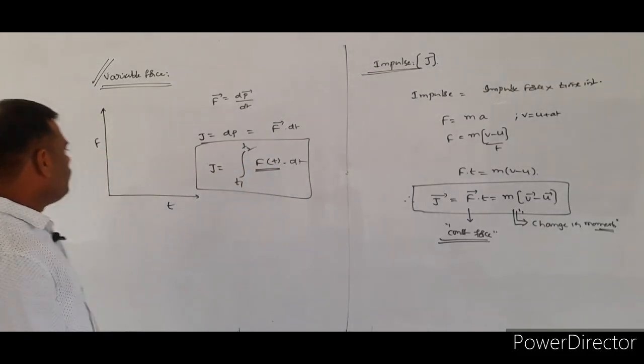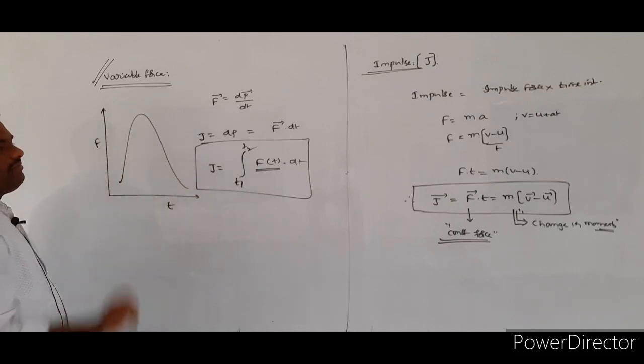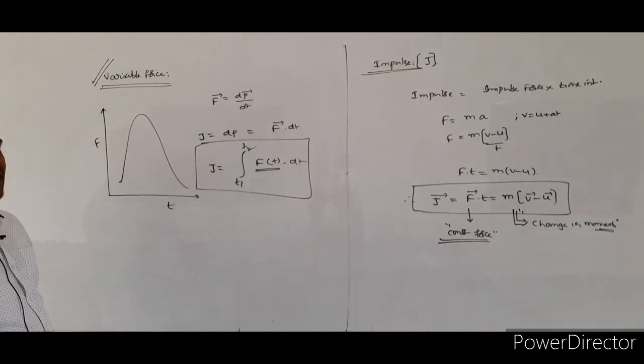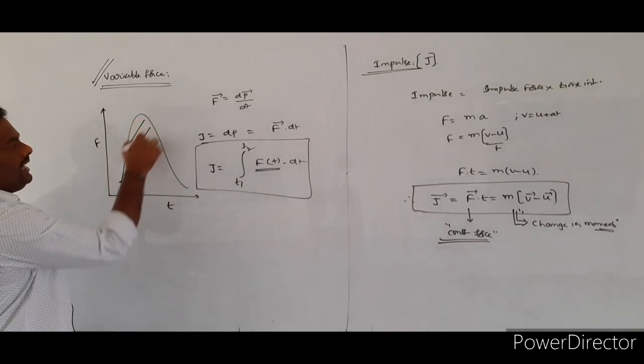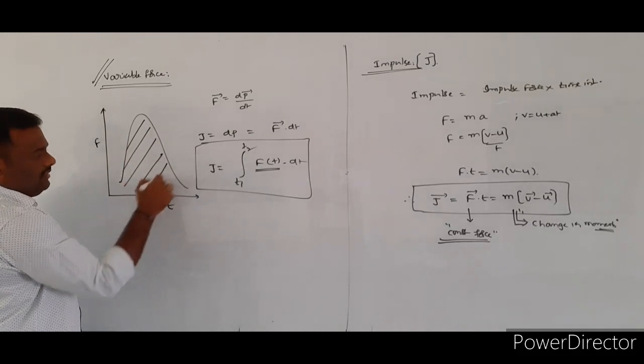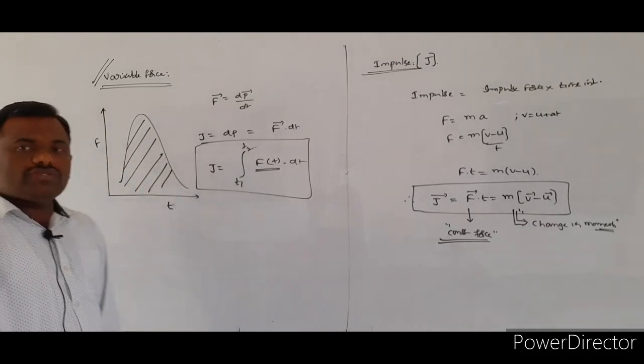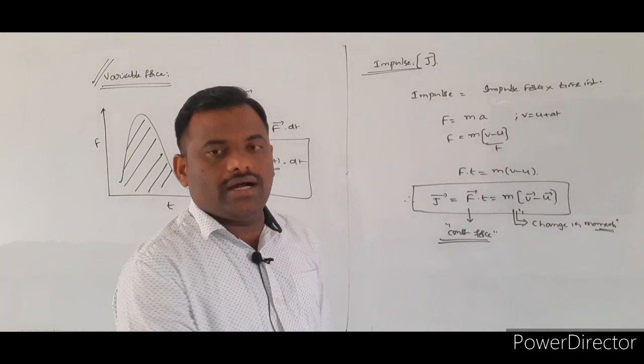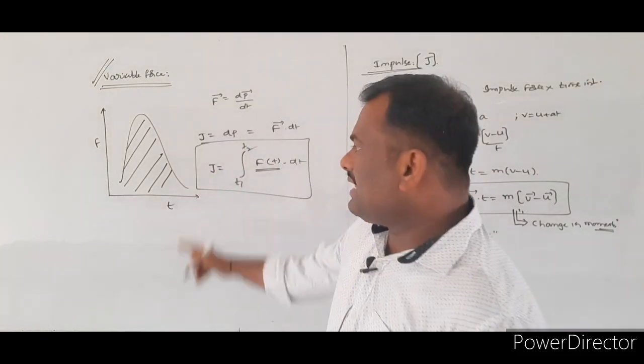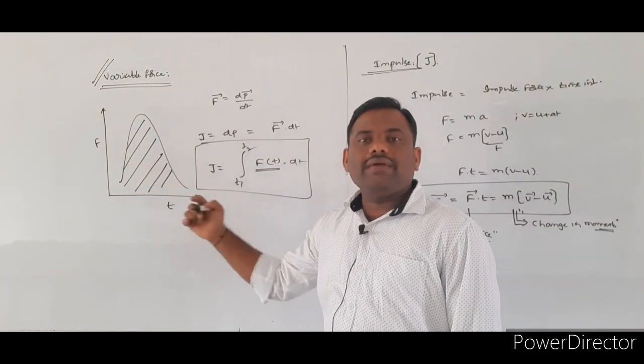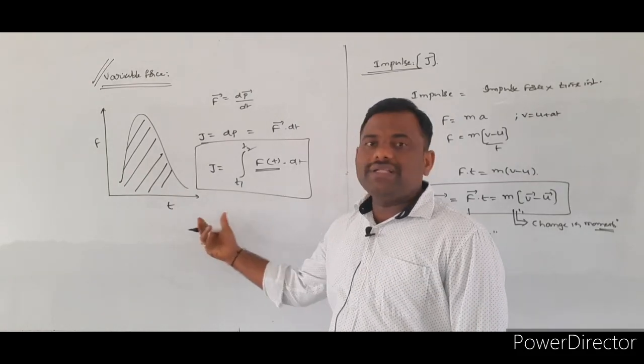The force is a variable function of time, so if you draw a graph between force and time interval, this is the graph. The area bounded by the force-time graph will give the impulse value.